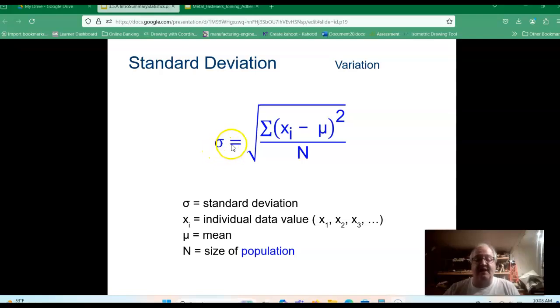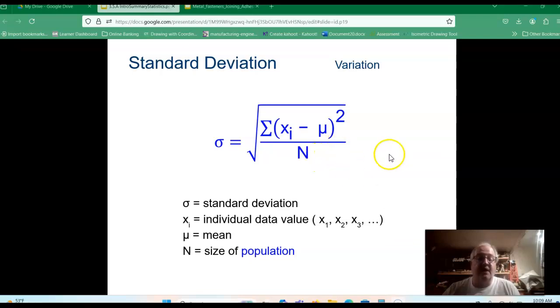So standard deviation equals the square root of the sum, which the Greek letter epsilon here stands for, of each individual data value minus the mean. So we square that, and then we divide that number by the overall size of our population.